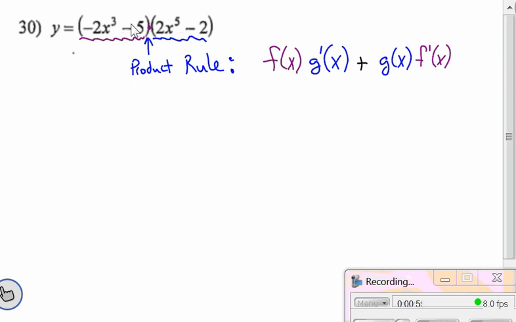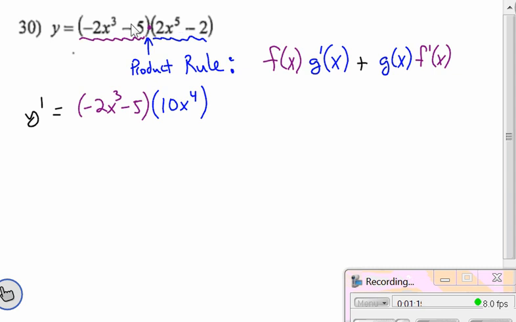So let's get started. Y prime. That's taking the derivative. Okay, so the first function, write it down as is, times the derivative of the second function. Okay, 2x to the fifth, that's 10x to the fourth.